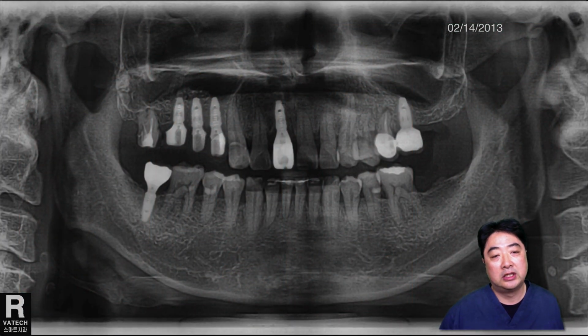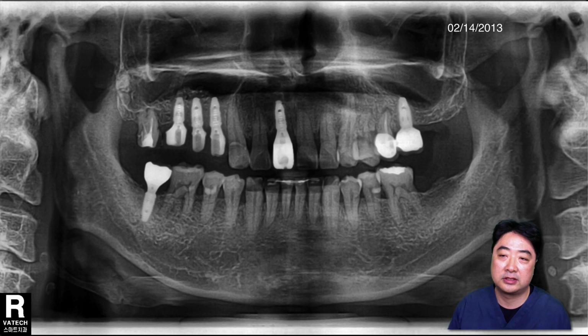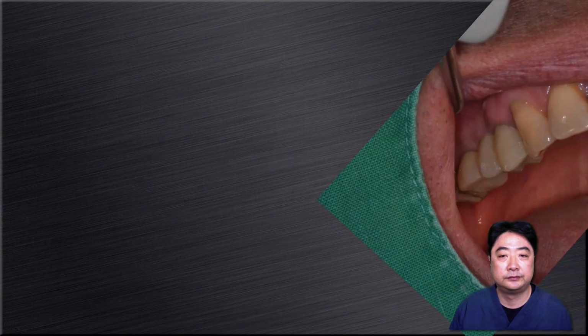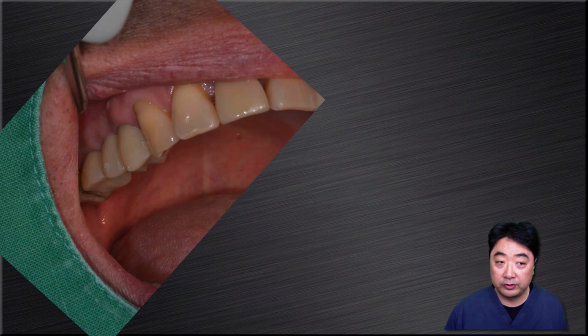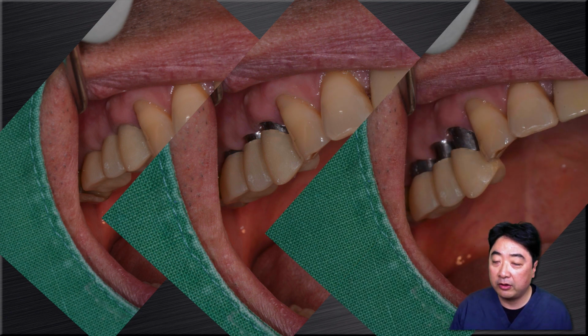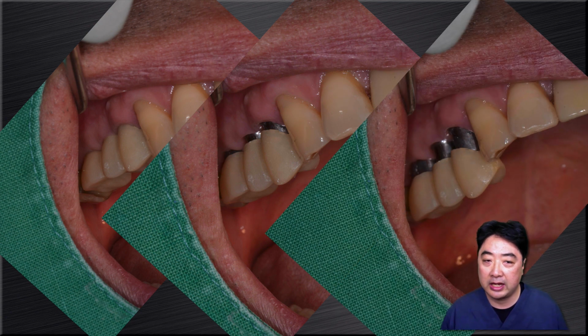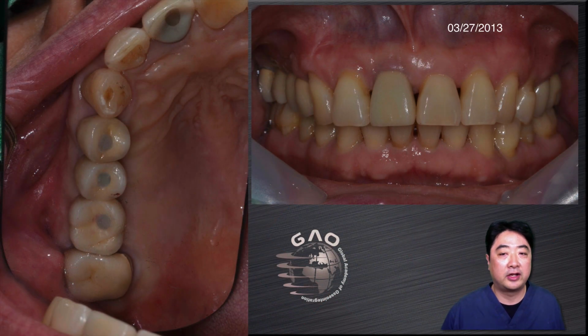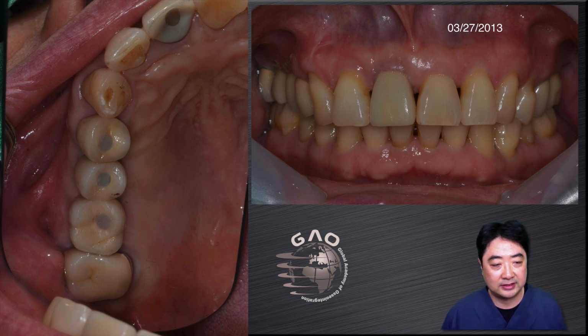He used the temporary crown for a while. This is the panoramic X-ray, which was taken in February 2013. When the patient came back for the final restoration, I simply removed the temporary crown from the top of the custom abutment, tried in the final restoration, adjusted it in the patient's mouth, and delivered it. This is how it looks after final restoration on the number 14, 15, 16 implants.